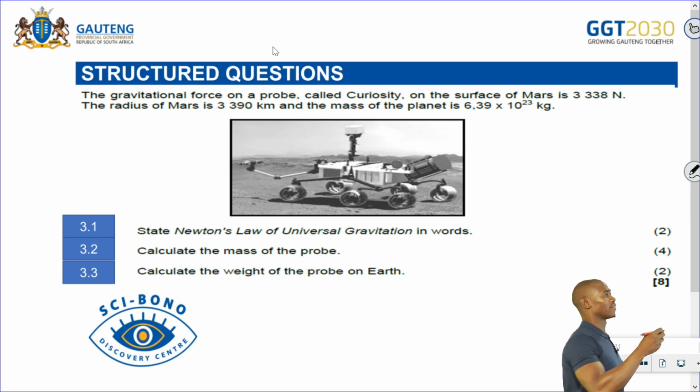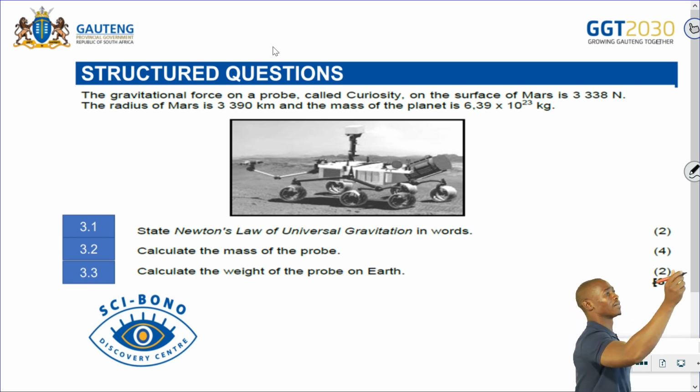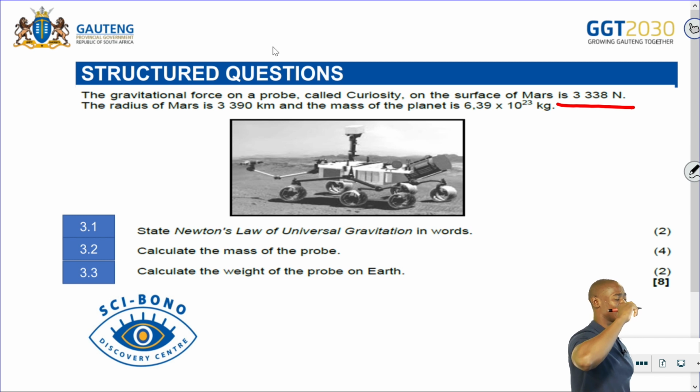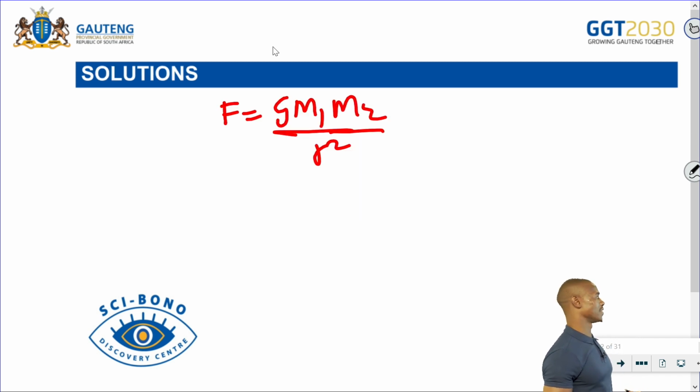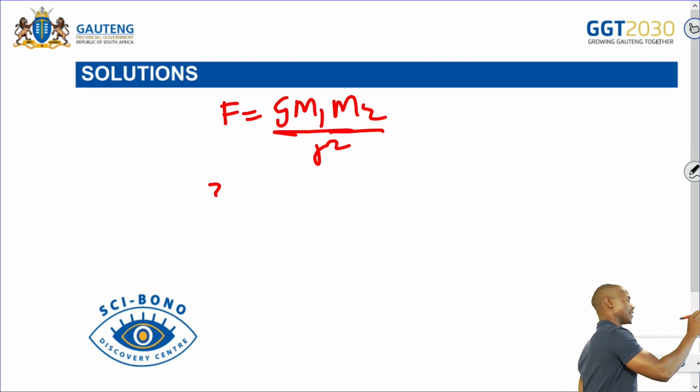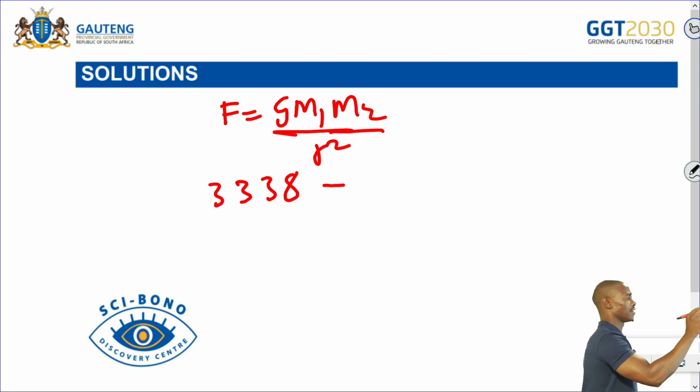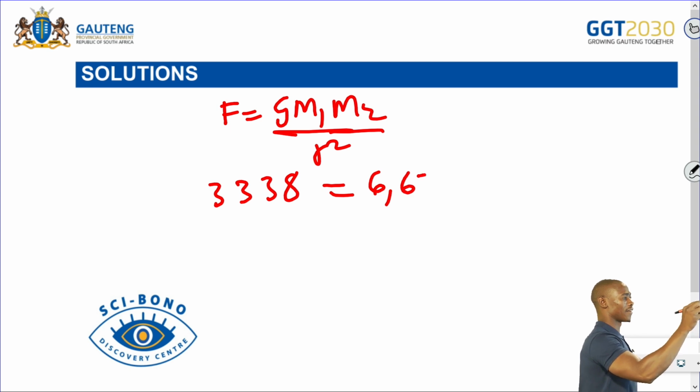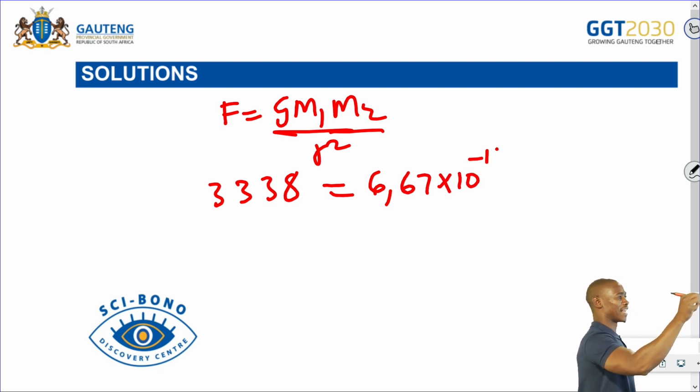The gravitational force is 3,338. Then G is 6.67 times 10 to the power negative 11.